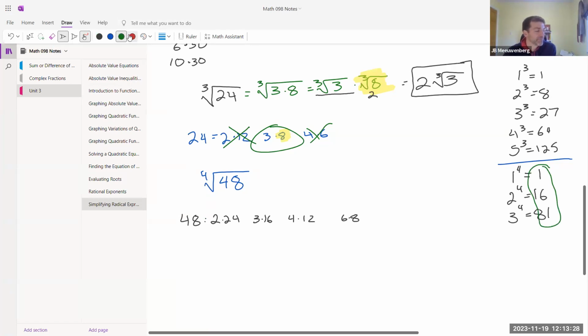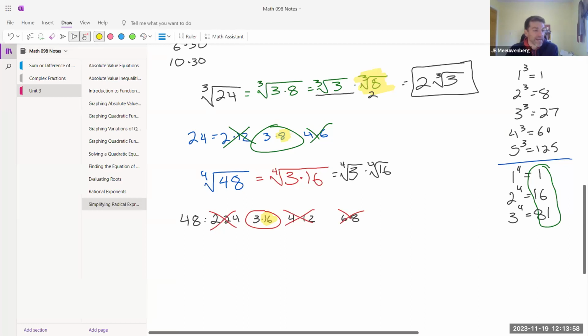Do you see it? Yeah, it is that 16. It's the only one. So we are going to take this and separate it into the 4th root of, we're going to turn 48 into 3 times 16. We don't care about these other options. 3 times 16. We can then break it apart into the fourth root of 3 times the fourth root of 16.